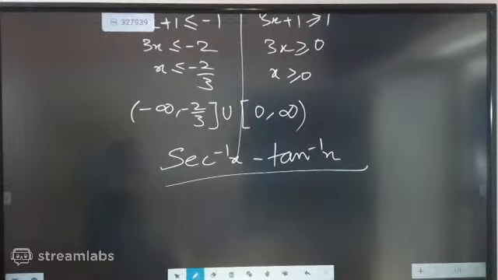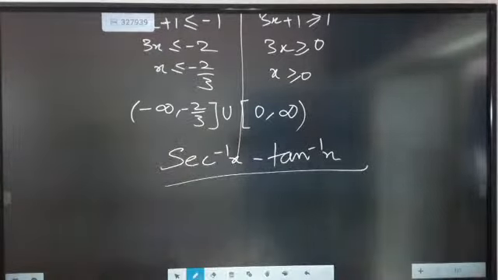Secant inverse x minus tan inverse x, beta. Solve this question. Solve it fast.